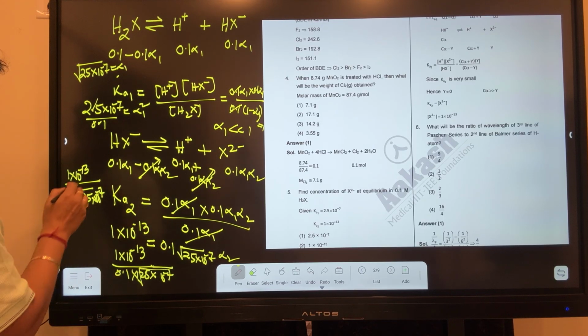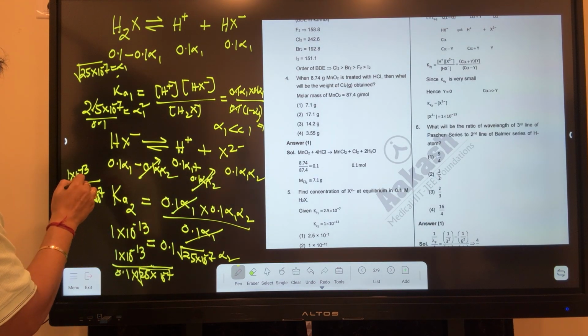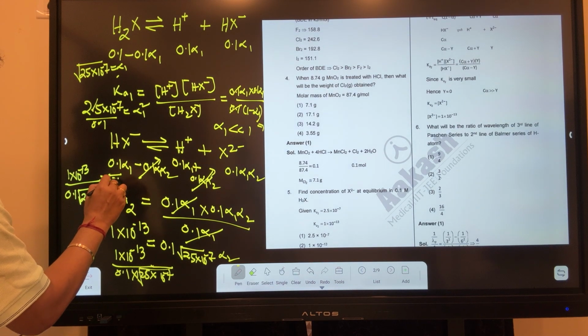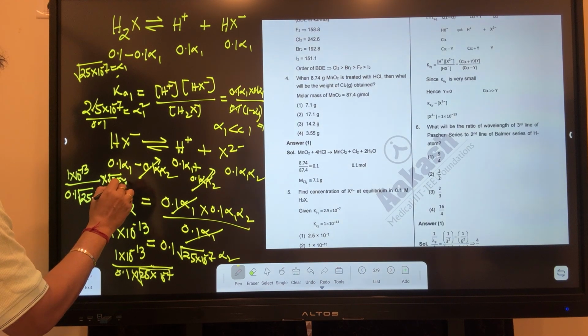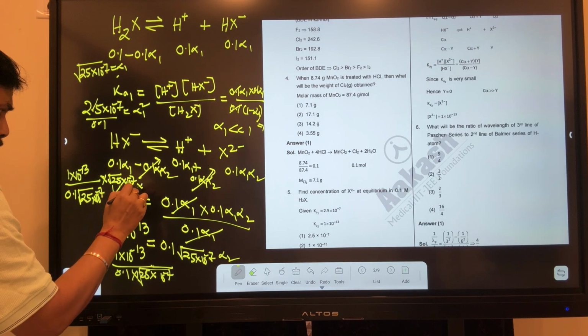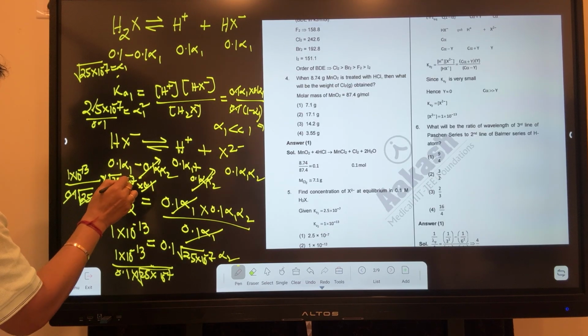This is your alpha 2. This value we put in for alpha 2, then 0.1 into alpha 2 already written down. Alpha 1 is under root of 25 into 10 to the power of minus 7. This is your alpha 1 into 0.1. Then 0.1 cancels, under root cancels.